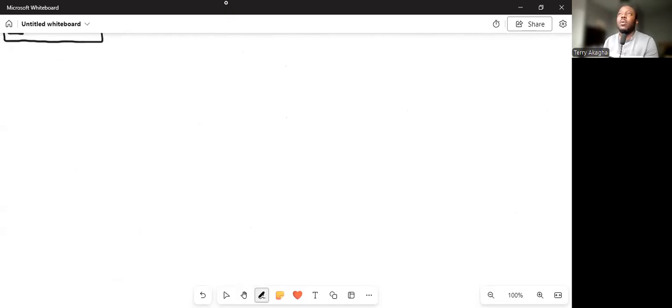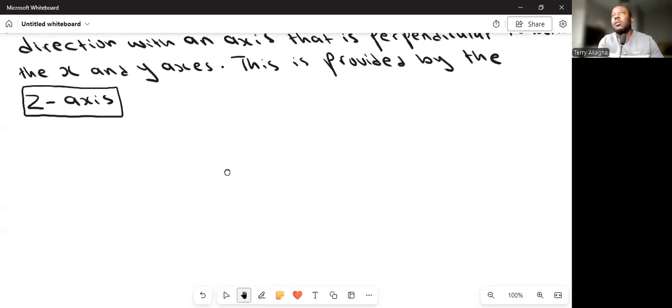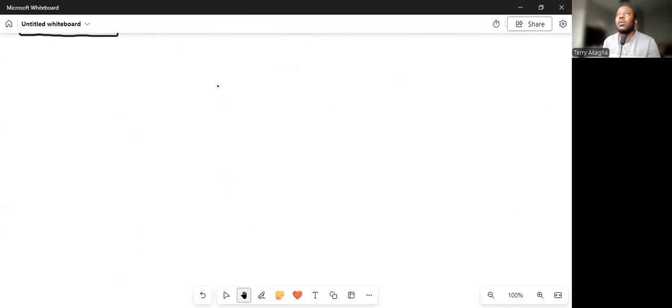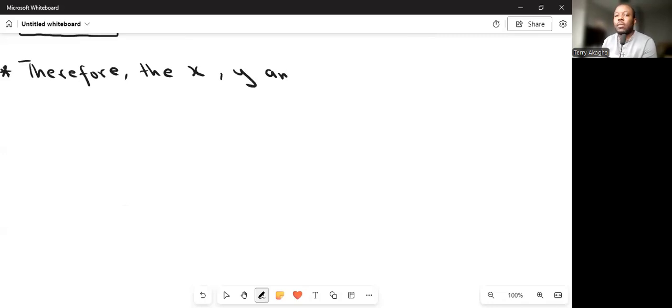So when you look at it then, therefore, we have the x, y, and what? Z axis. So in three dimensions, you have three axes that then define this vector.